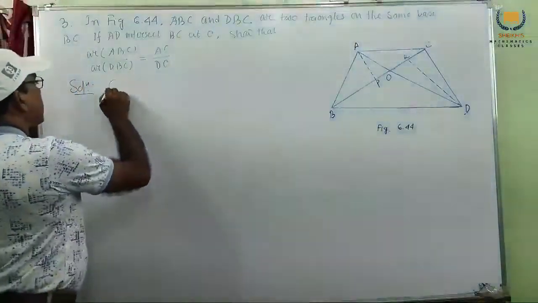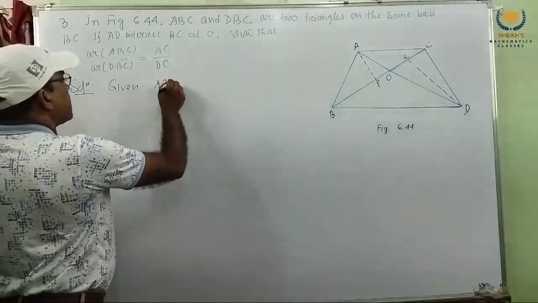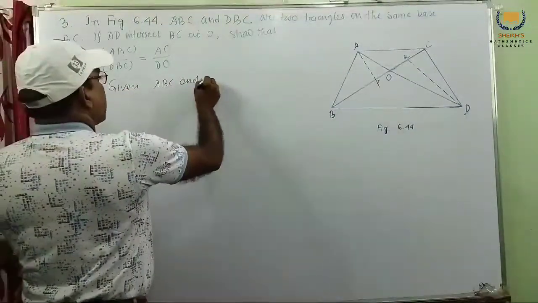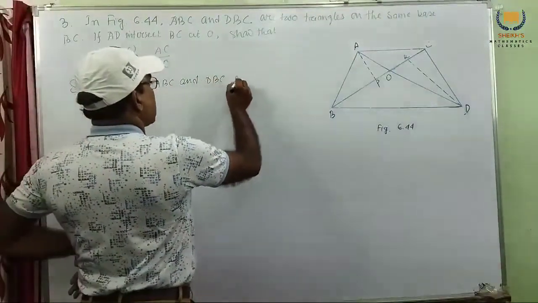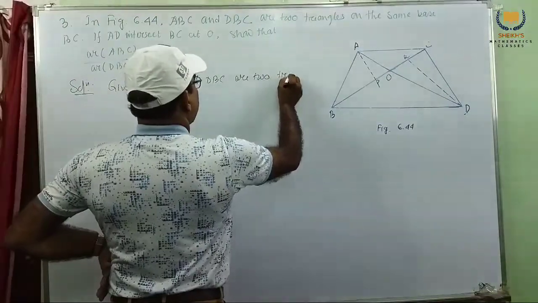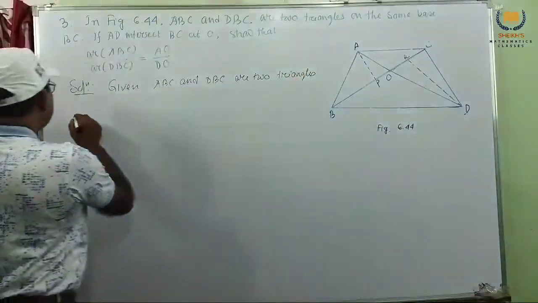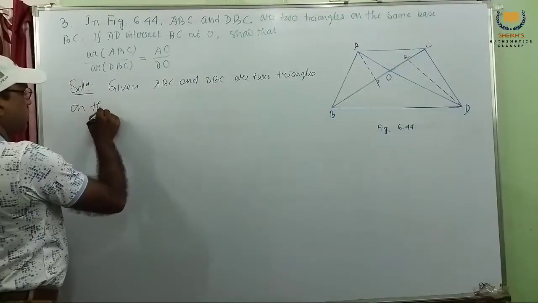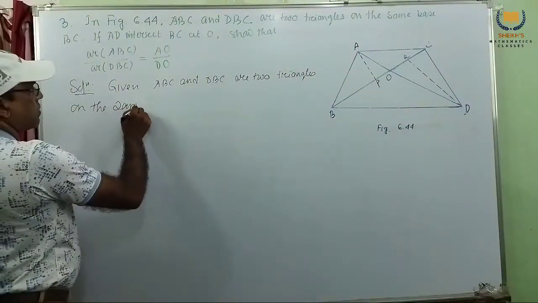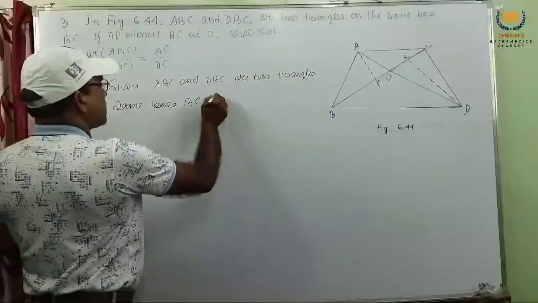Given ABC and DBC are two triangles on the same base BC.